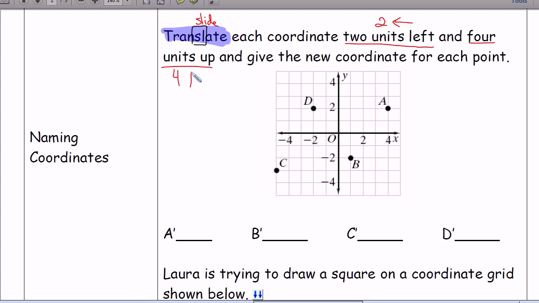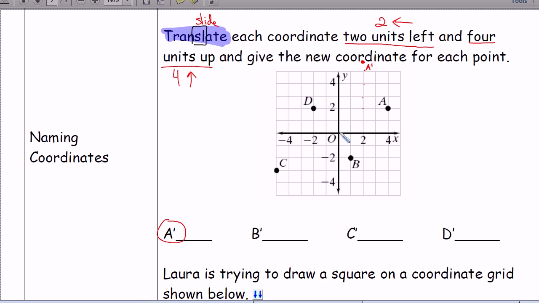So I'm gonna do point. So A prime, here's A. To find A prime, oh, now the next, actually before we move to the next, look at my x-axis.